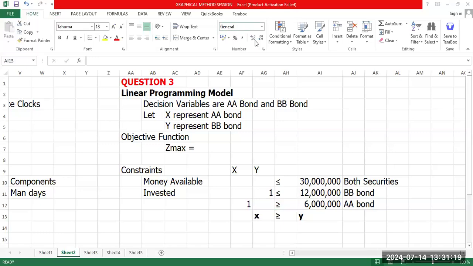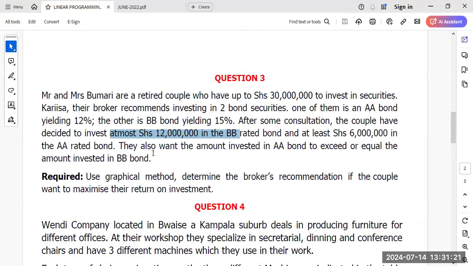Because if we come back here, they want the amount invested in AA bond. Do you know the real amount invested in AA bond? Do you know it?